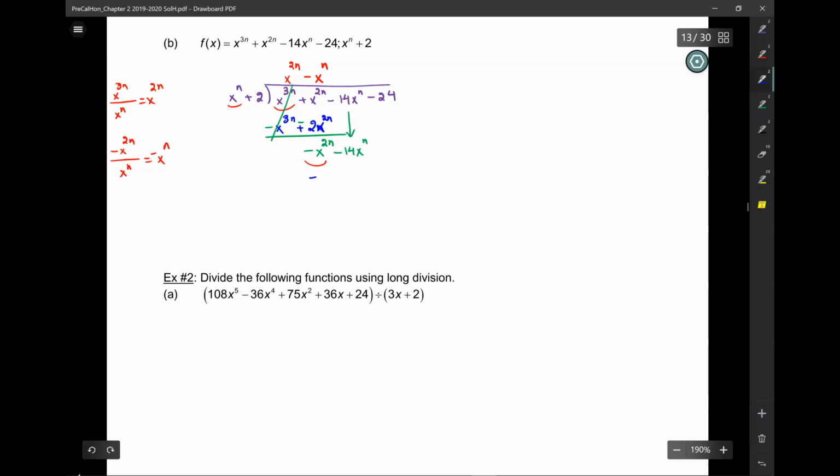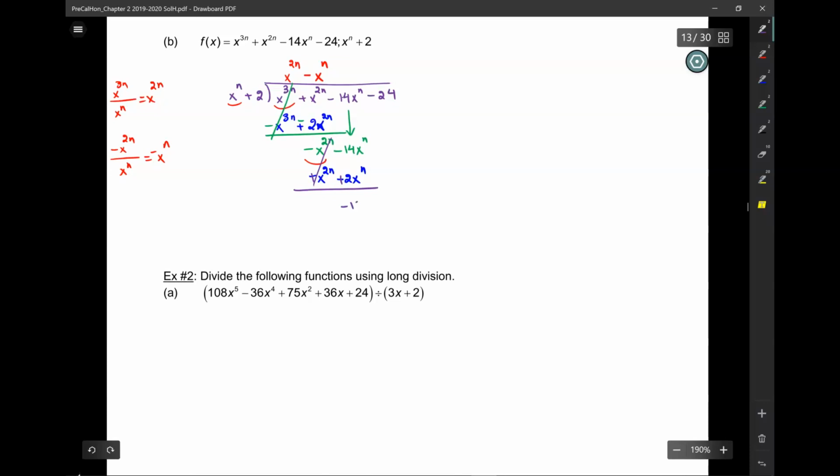Multiply: negative x to the 2n minus 2x to the n. Flip the signs. How much do I have? Negative 12x to the n. Bring down the negative 24 and go one more time.